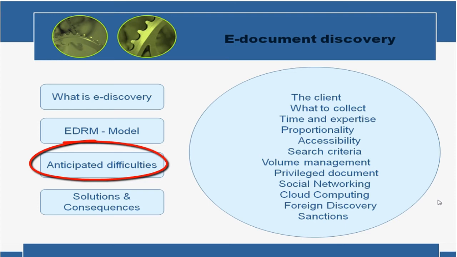Now, the other challenge that can come to the fore is the determination of the search criteria. How do you agree on search keywords? How do you determine which keyword is relevant? Again, I go back to the importance of conducting a proper early case assessment. If you conduct an early case assessment that is relevant to the case theory that you're putting forward, then of course you should be able at that point in time to determine what your likely keyword search would be.